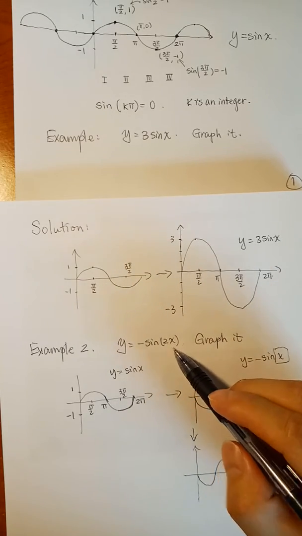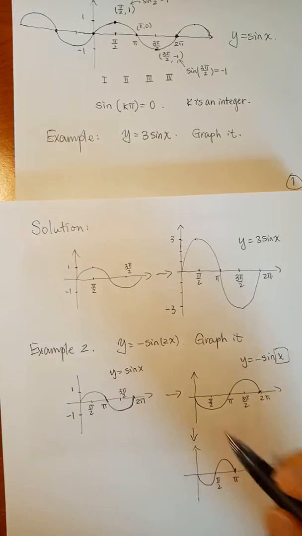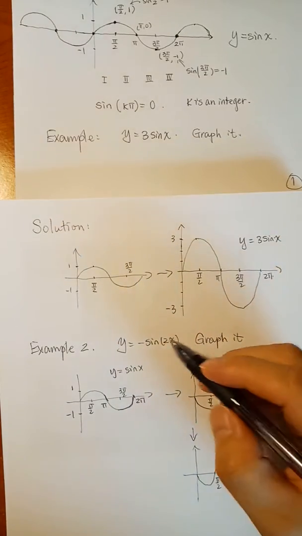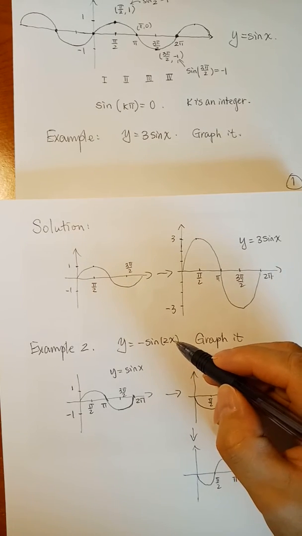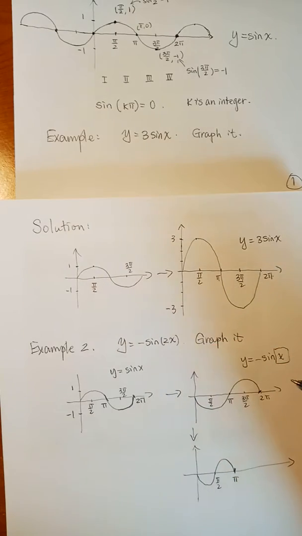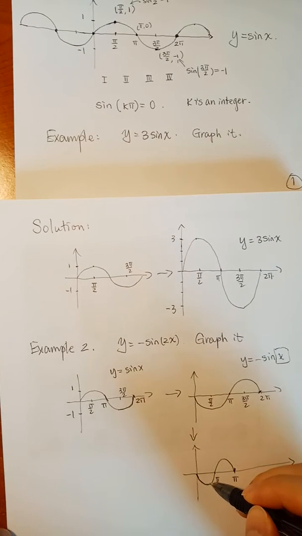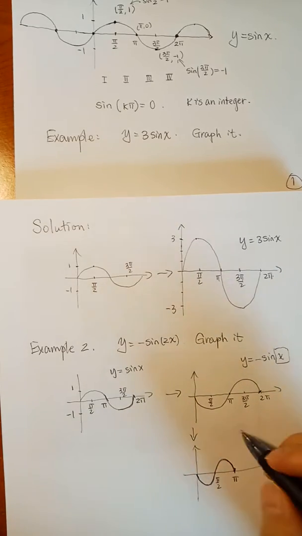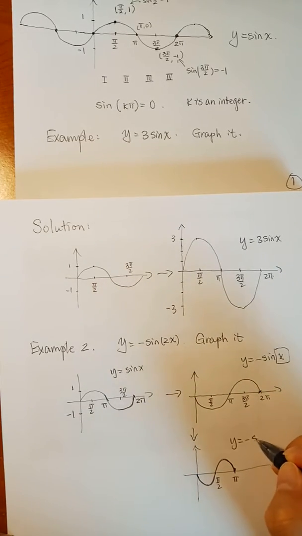When x is pi over 2, you get sine pi, right? So we don't really care about x at this moment. We care about the behavior of the total thing, 2x. 2x is 2 pi. 2x is pi. 2x is 3 pi over 2. So this is the graph of y equal to negative sine of 2x.